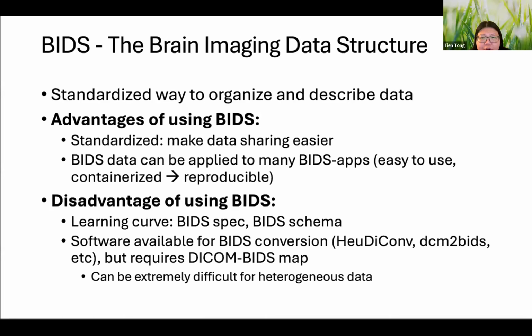There's a lot of existing software that can help with the conversion, like HeuDiConv or dcm2bids, but those programs require a mapping that is user inputted so that the program can do the conversion.